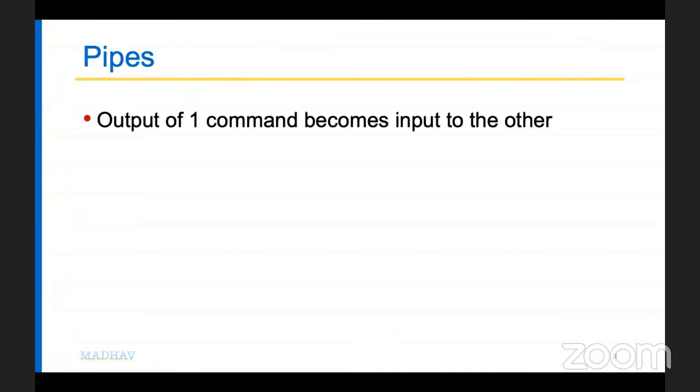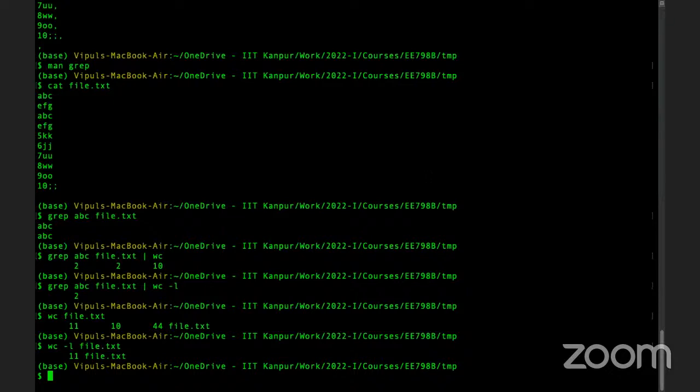Now let's see something called piping. Pipe is a very interesting concept, which is not there generally in Python, but it is very useful in bash scripting. Basically the output of one command becomes the input to the other. I have used piping here. You can see here, this is the pipe.